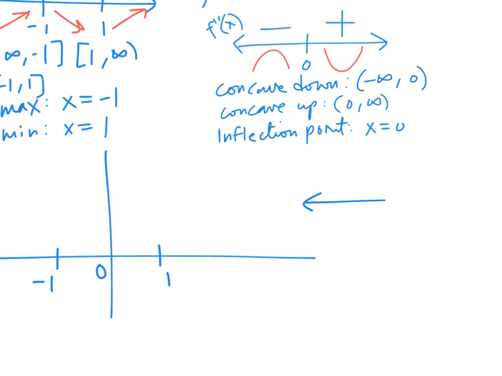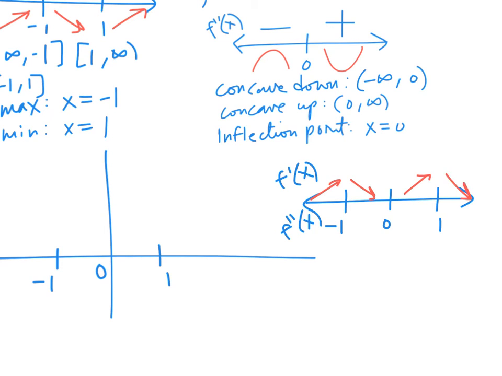I'm going to draw a sign chart that has all three points and then hopefully figure out how this looks. So my graph goes up, down, and there is concavity down, and then concave up.